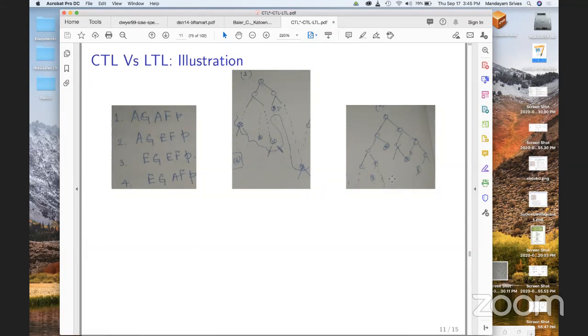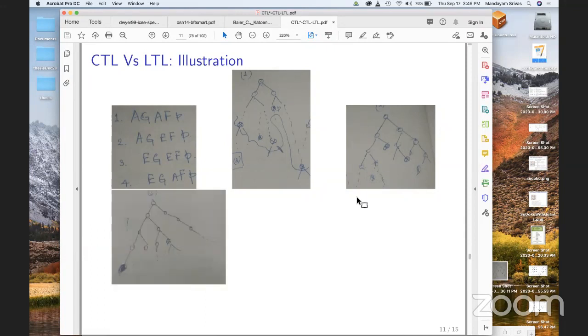To begin with, it looks a bit too subtle, but the important thing is to make the distinction, okay? In LTL, you only view paths, whereas here you'll be asking questions about states on various paths, okay? So similarly, this is certainly not equivalent to G of F of P. So is the third one.